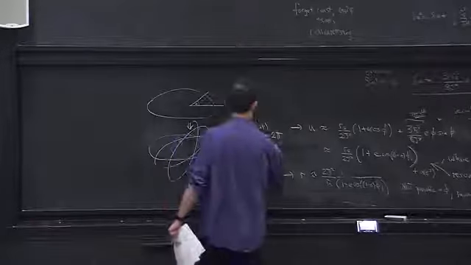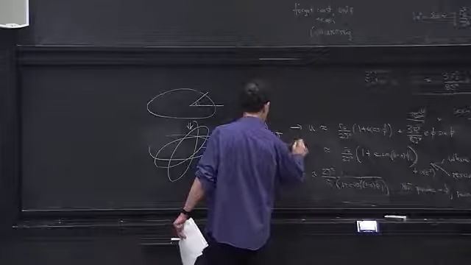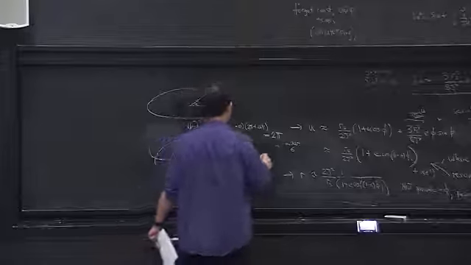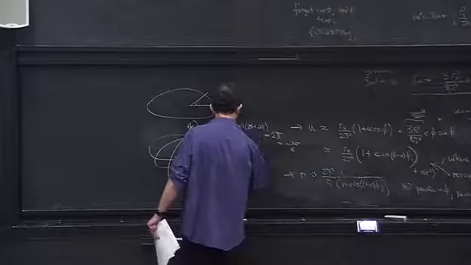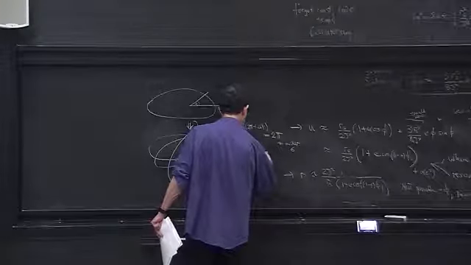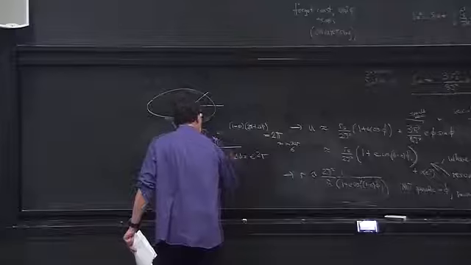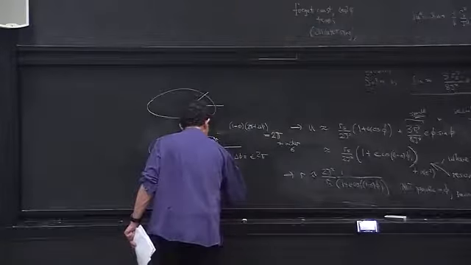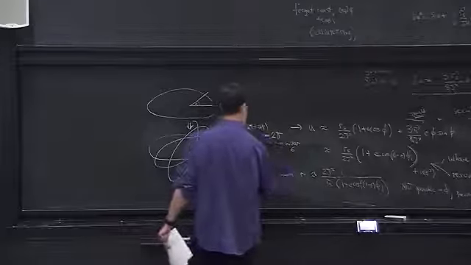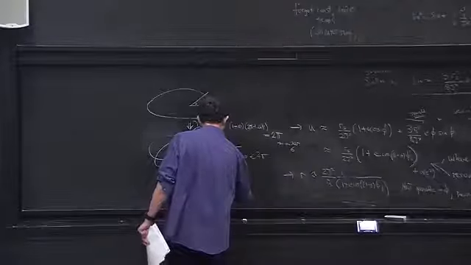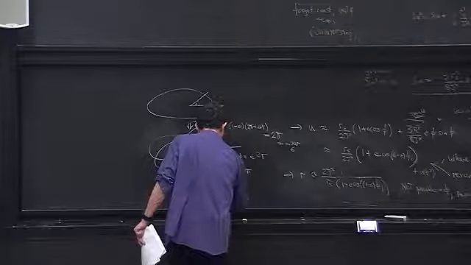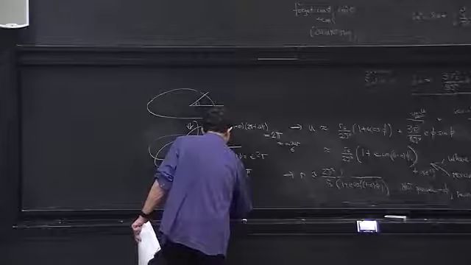To order epsilon, i.e., delta phi is equal to epsilon times 2 pi. And so basically what I get here is the argument of the function will be 1 minus epsilon, and then I'll have 1 plus epsilon times 2 pi. And this is 1 to order epsilon squared.